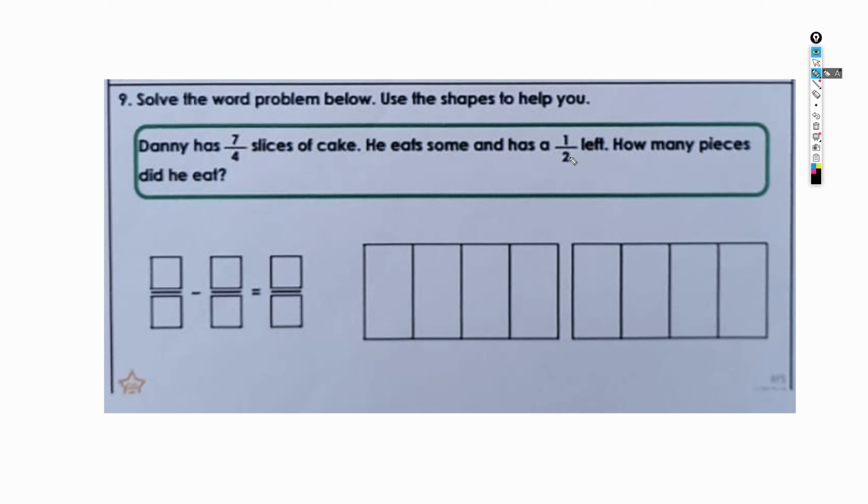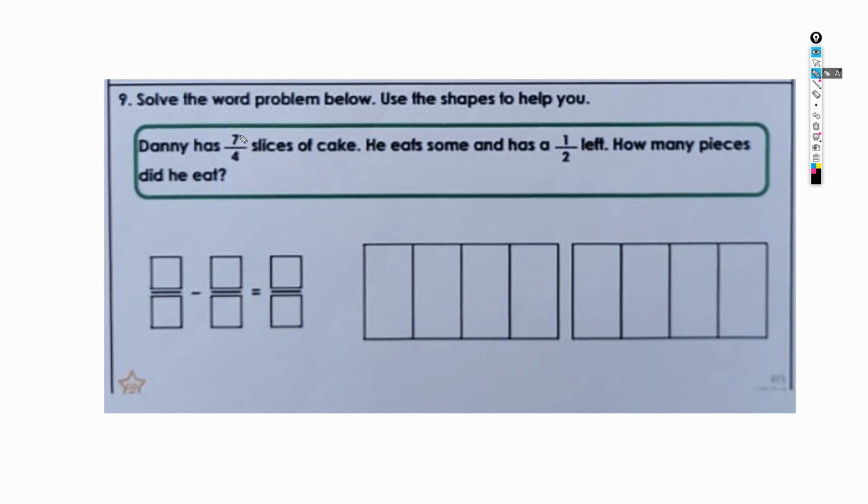At this point we can leave this as a half if we want to, because using our model, a half is going to be easy to identify. We can also decide to change the denominator, but let's leave that for the moment, because I'm going to assume we're not very confident about changing denominators, and we'll just see how we get on.